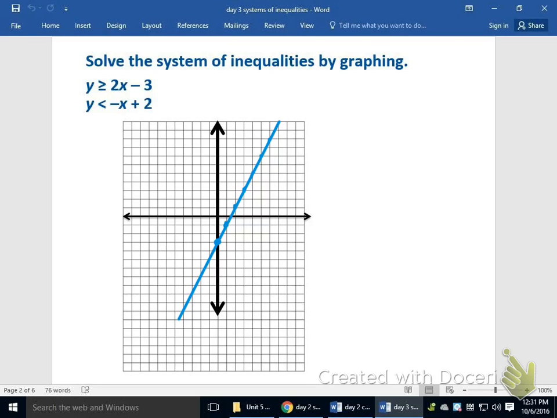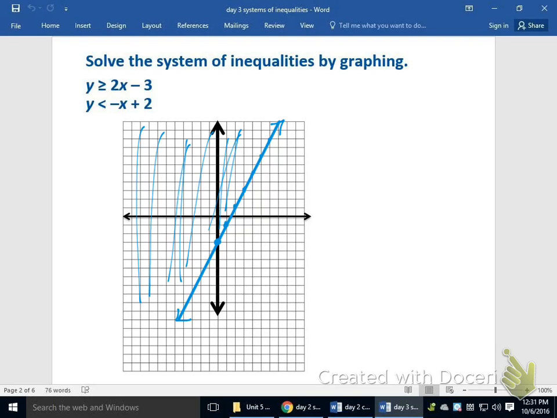Now, after I've gotten that boundary done for the first one, since the inequality is equal to this boundary, it is a part of my solution set. So I'm going to leave this as a solid line to show that it's part of my solution. Also, the inequality is greater than or equal to, so since the y values need to be greater than or equal to this boundary, it's going to be everything above this boundary.